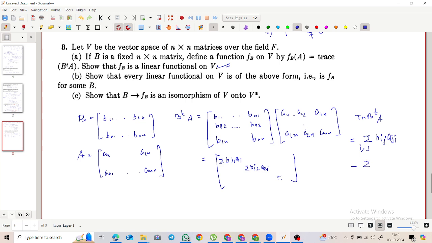That is summation A_ji B_ij. Okay, so this is what we get, and they are claiming that every linear transformation, I mean every linear function, is of this form. This result is quite non-trivial, I think.